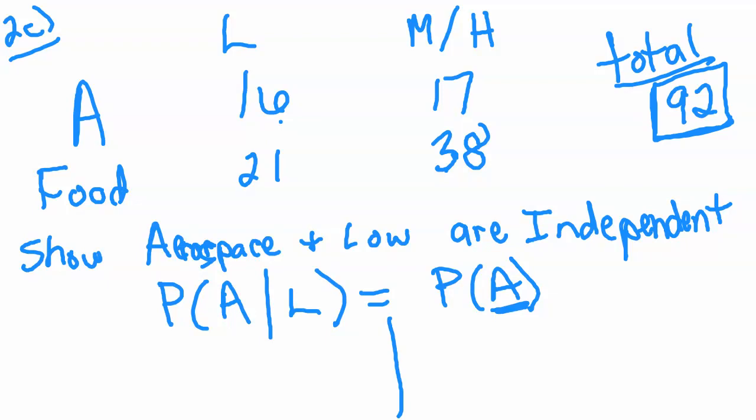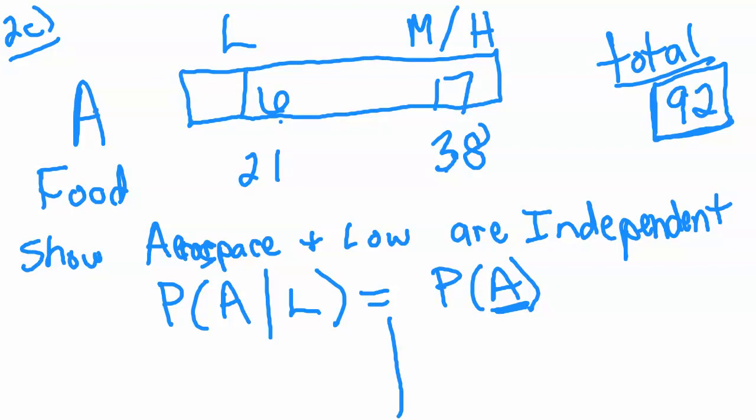So the probability that it's aerospace would be right here. Aerospace going across would be 16 plus 17. That's 33.